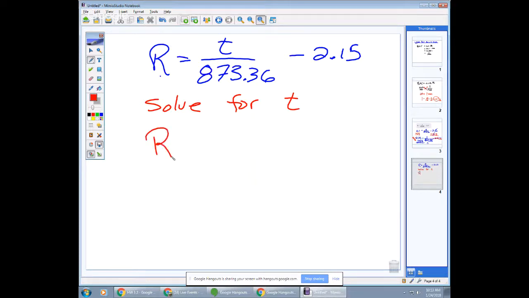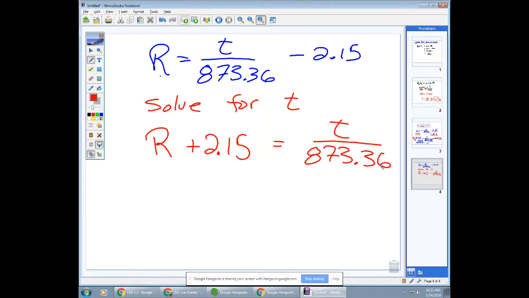So that's going to give me R plus 2.15. That gets rid of that on the other side, and so all that's left on the right is T over 873.36. And then what do we do? Multiply. The trick on multiplying there is, we've got to put the R plus 2.15 in parentheses to indicate we've got to do that first. And then we can multiply it by 873.36.